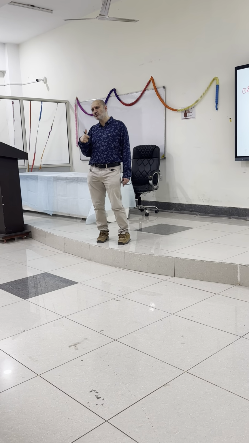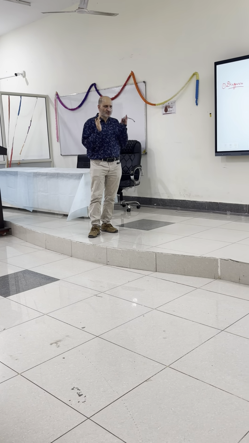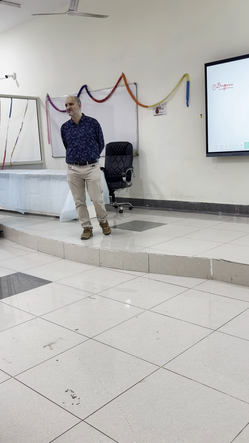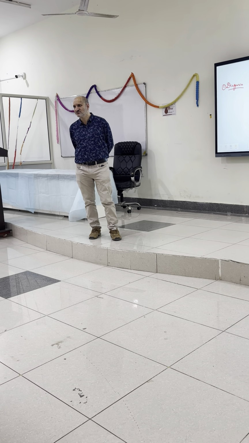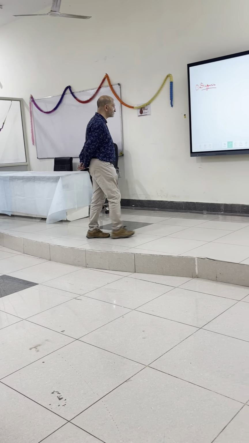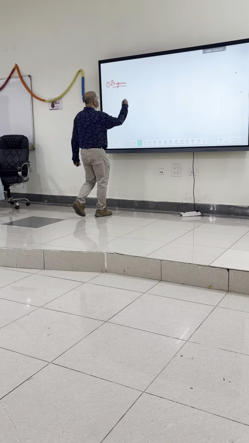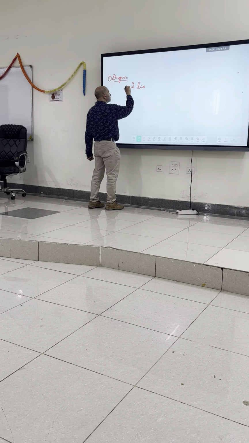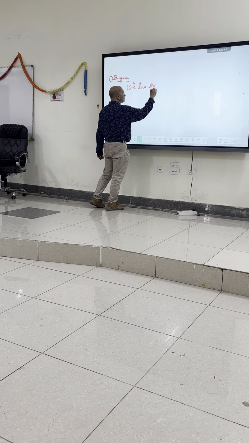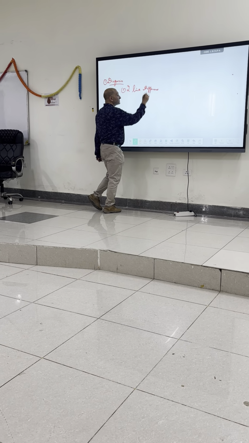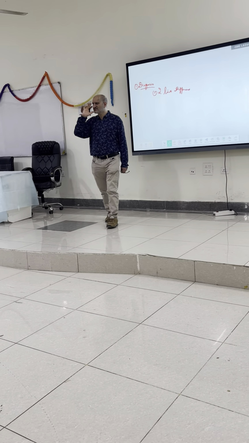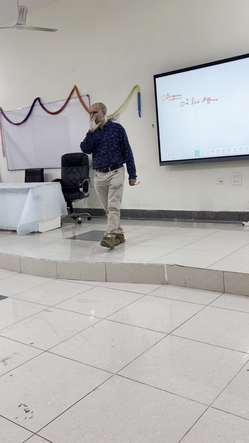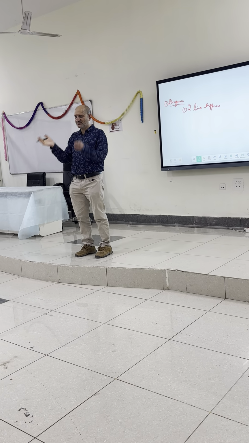But the rule of thumb is that between the two eyes there should be a 2 line difference. That means if one has 6/6, the other has 6/24, this is a 2 line difference.